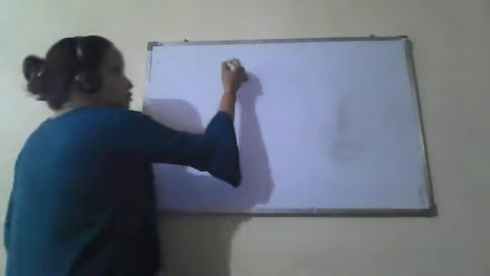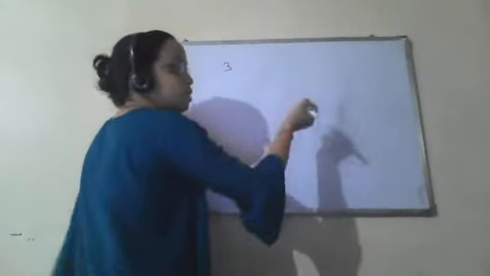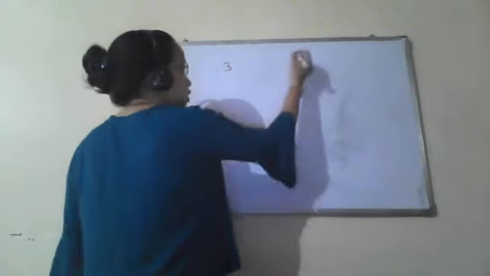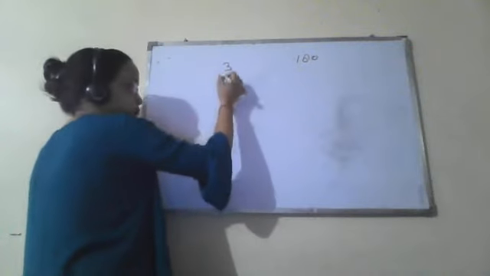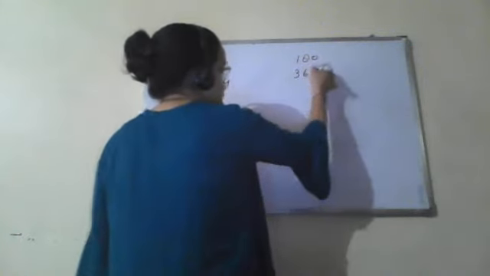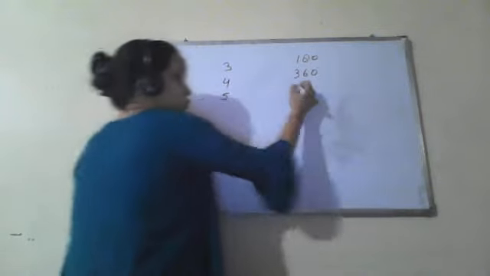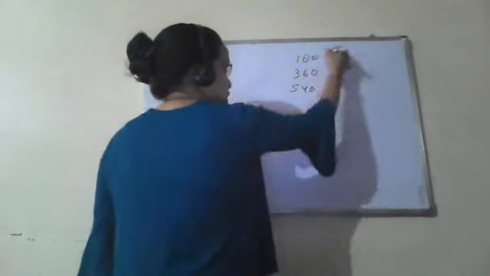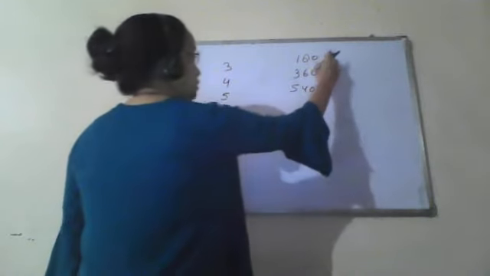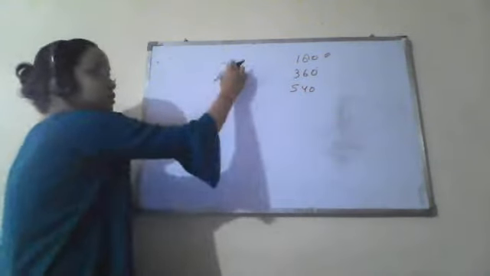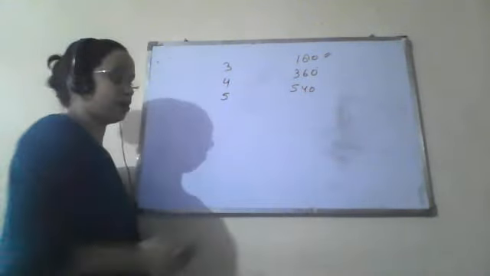Suppose triangle: for a triangle the number of sides was 3 and the sum of interior angles was 180. If it was 4, then it was 360 degrees. Similarly, for 5, it was 540 degrees. So the least sum of interior angles was in the case of the triangle, the polygon which has 3 sides.